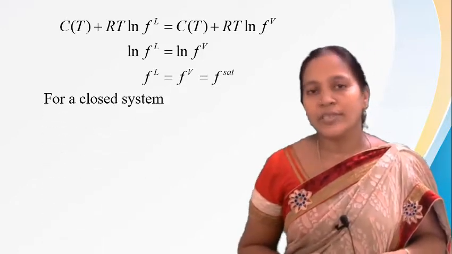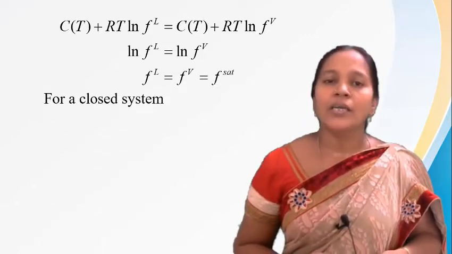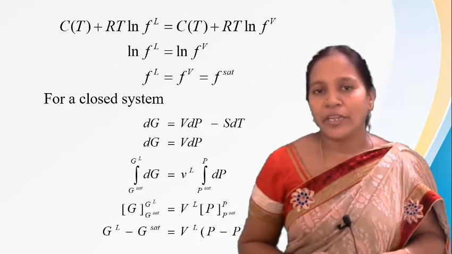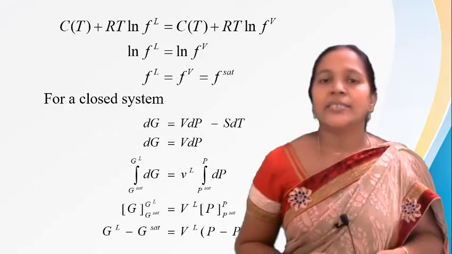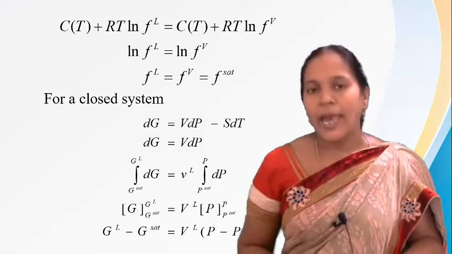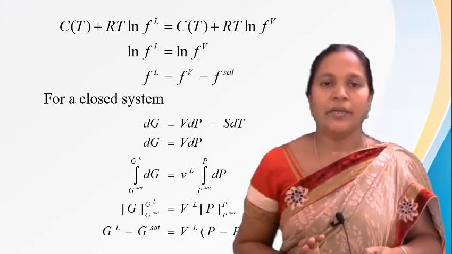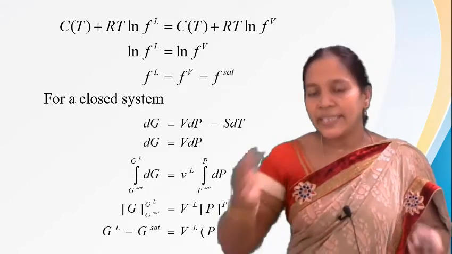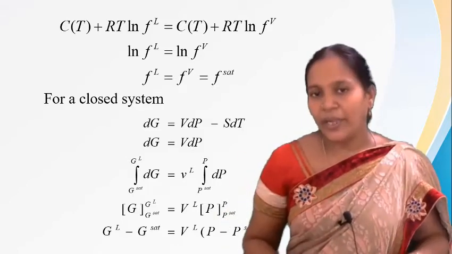For a closed system, we have the relation for fundamental property, that is dG is equal to V dP minus S dT. Assume temperature is constant. At constant temperature, dG is equal to V dP.